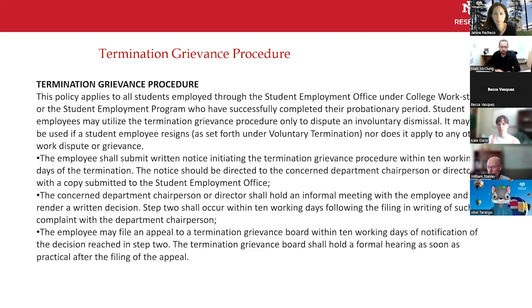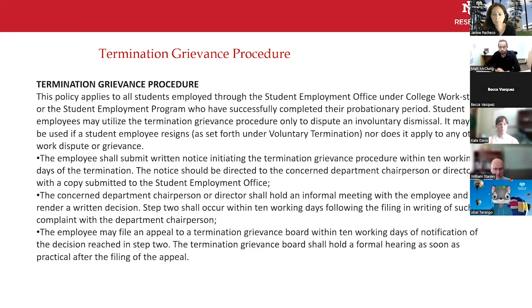Like I said, a couple of the bullet points that I included: the employee shall submit a notice initiating the termination grievance procedure within 10 working days of the termination. The notice should be directed to the concerned department chairperson or director, with a copy submitted to our office.